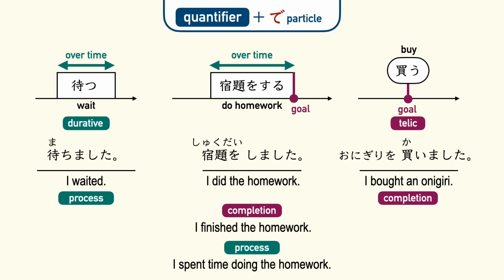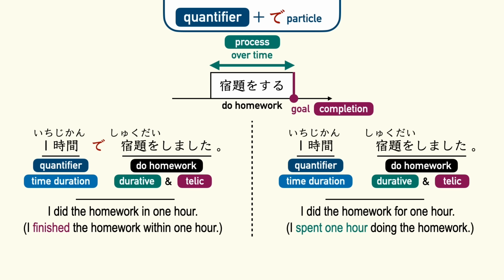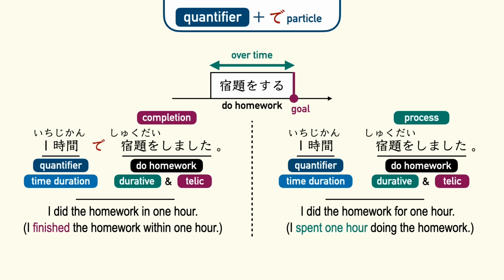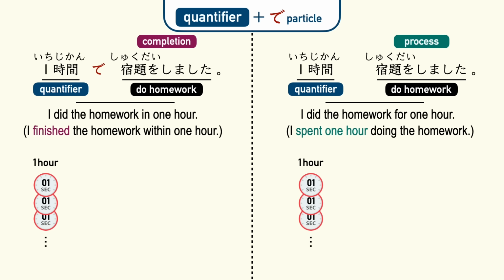But again, 宿題をする is both durative and telic. And when you use those durative and telic verbs with the time duration quantifier, such as 1時間, 1 hour, the particle de is needed if the focus is on the completion of the action, and de is not needed if the focus is on the process of the action. 1時間宿題をしました.